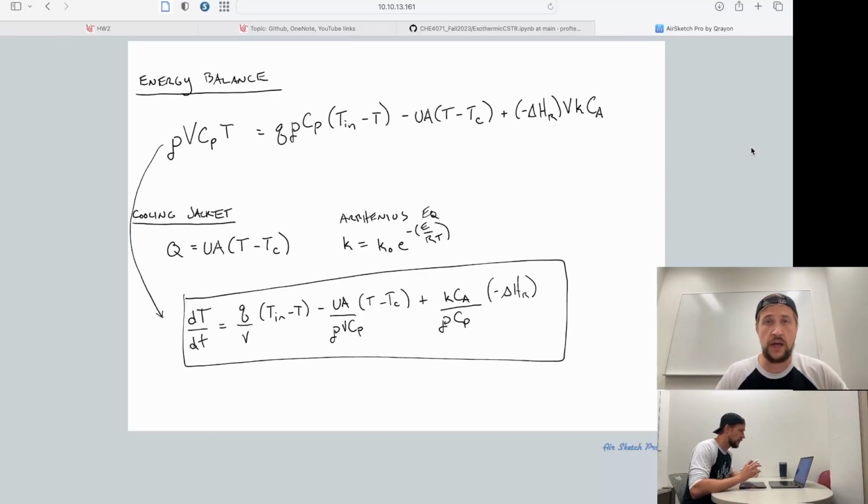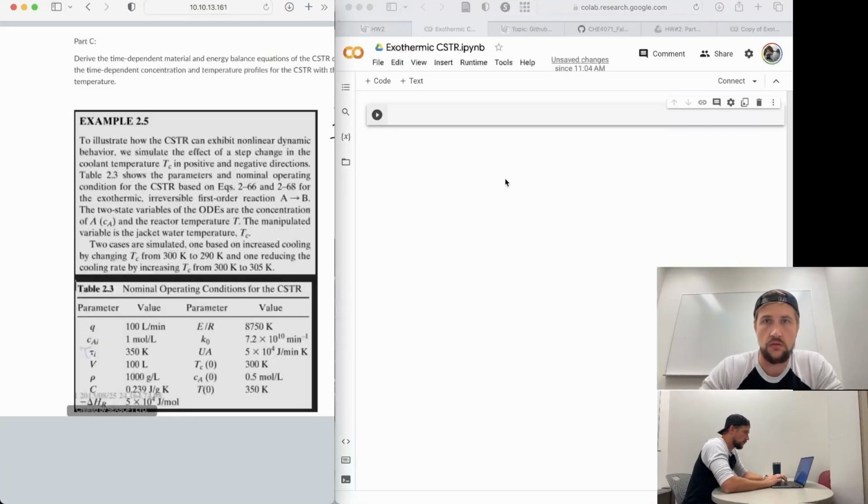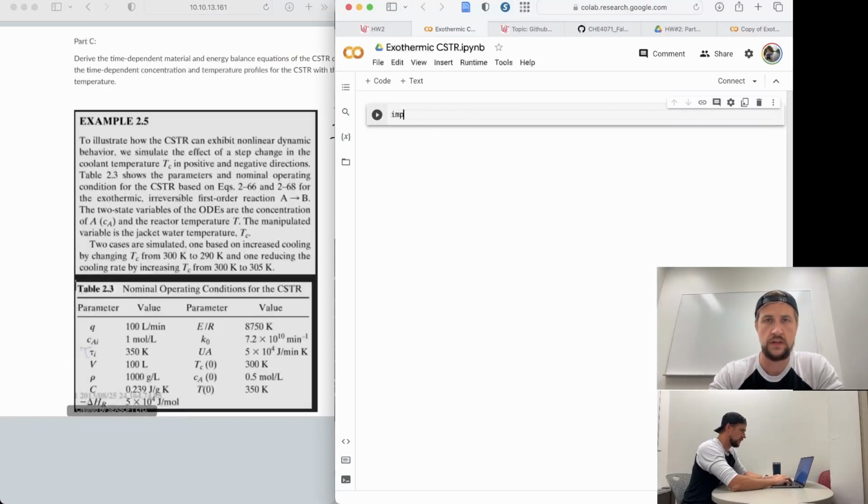And now we're going to go ahead and code this model and perform a computational simulation to evaluate what is actually occurring as we make step changes in our coolant. All right, so first things first, let's bring in the tools we're going to need.